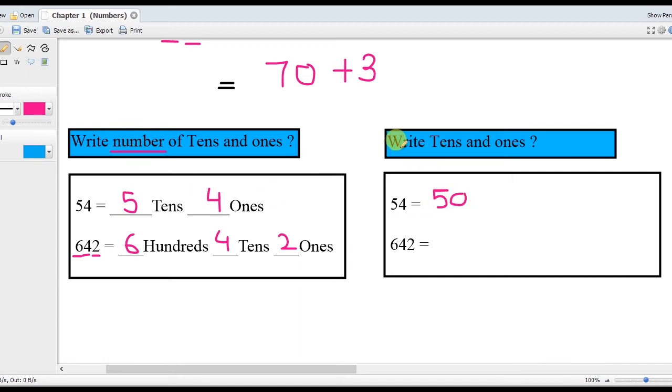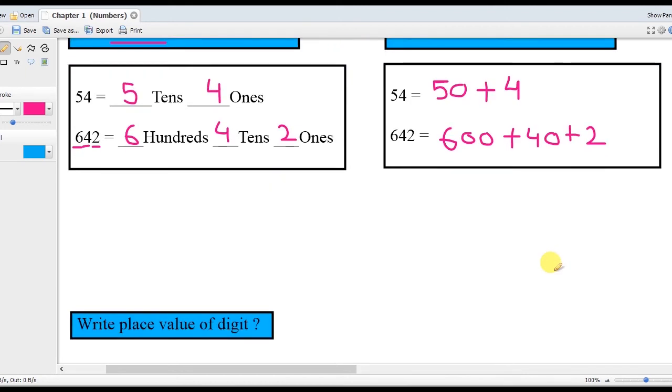So write tens: there's 50, and plus ones are 4. So it becomes 50 plus 4. And in this case, it is 642, so hundreds will be 600 plus 40 plus 2. I hope you got the concept.